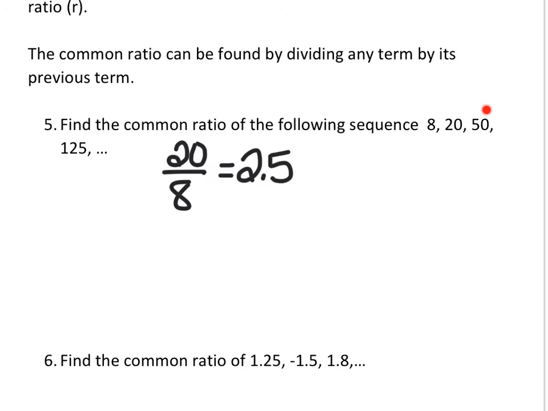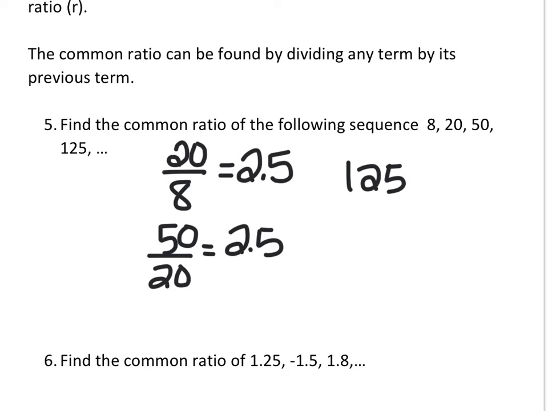So 50 divided by 20. Is that 2.5? Yes. And then the next set, 125 divided by 50. That's 2.5. So this is a geometric sequence, and the common ratio, so instead of d, we have r now, is 2.5.